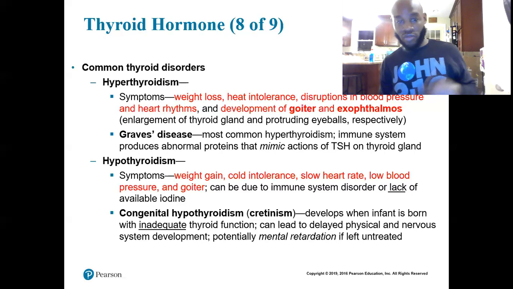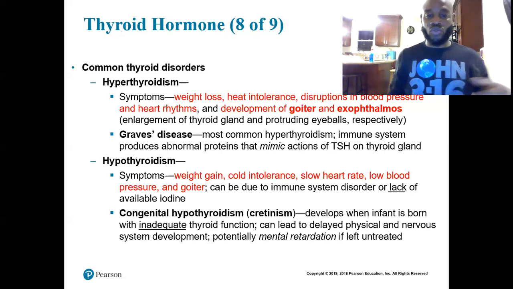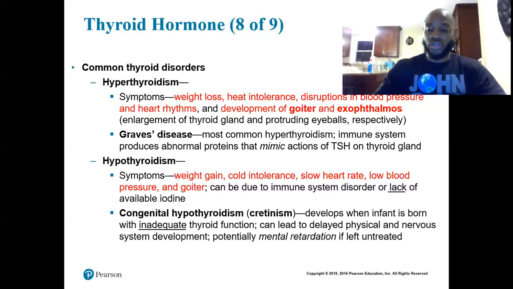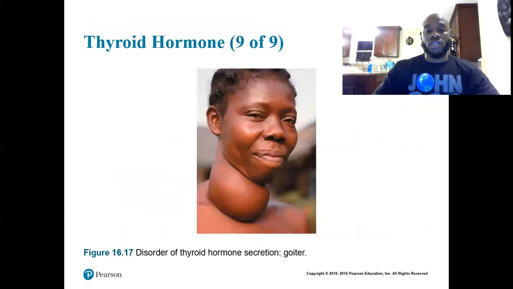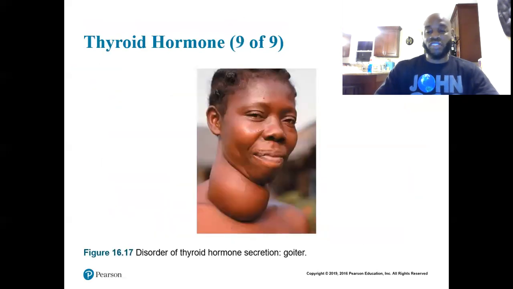You have a slower heart rate, lower blood pressure. So these are things that the doctor can check for. And if you have issues with weight, these could be the issues. Okay. And this is goiter, which is basically an enlarged thyroid, which could obviously be problematic as a result of hyperthyroidism.